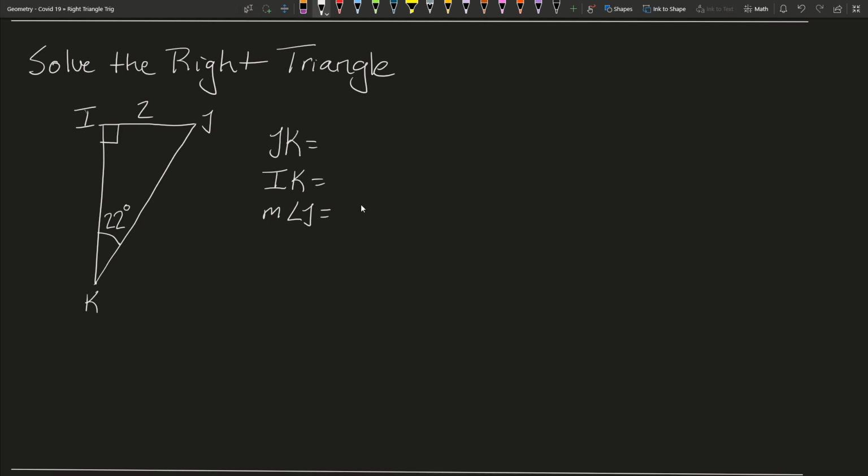The first thing that I'm going to do again is to just solve for the measure of angle J, because I know that 90 plus 22 plus J is going to be equal to 180.